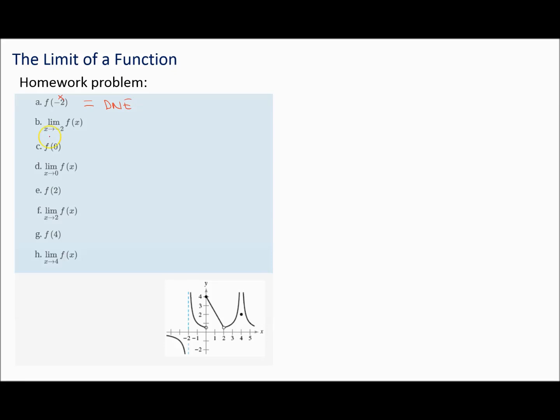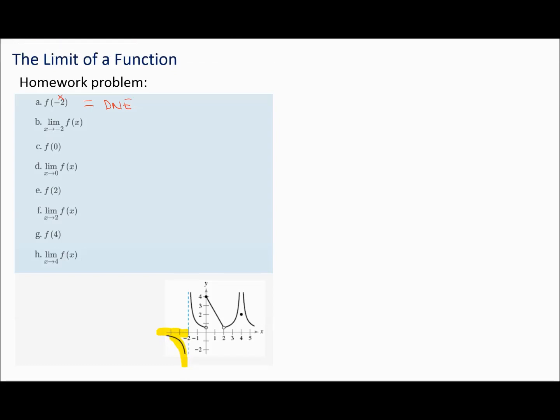Then they want us to find the limit as x goes to -2. So as we get closer and closer to -2 on the left side, it goes to negative infinity. So you check that out. Okay, so watch this. As I sneak in over here and I get closer and closer to -2 from the left, what are my y values doing? They're going down here to negative infinity.